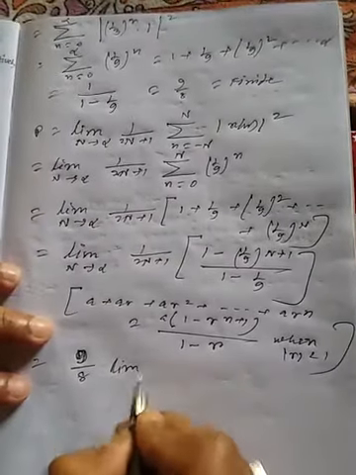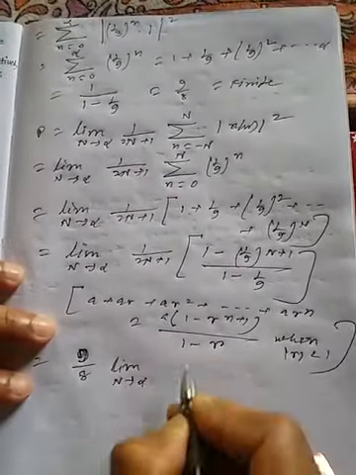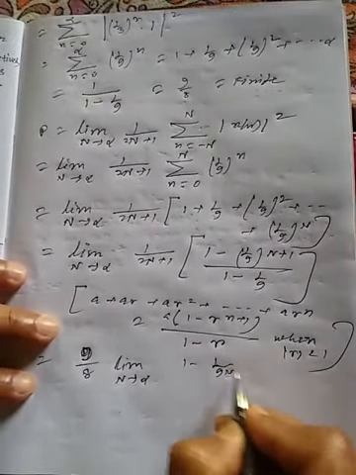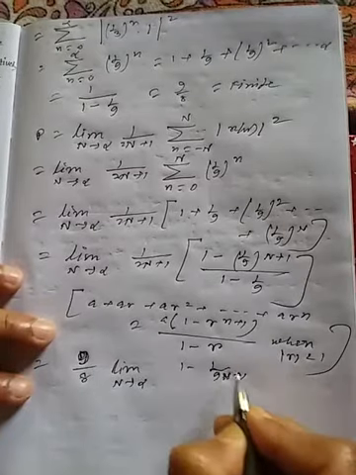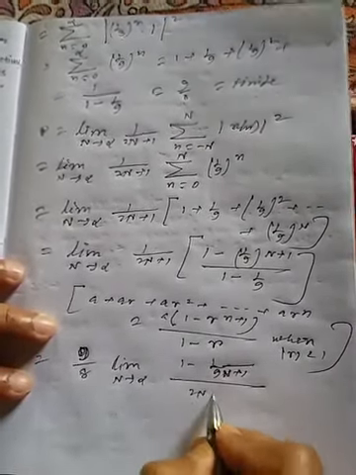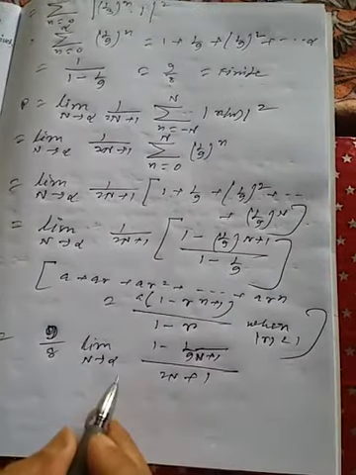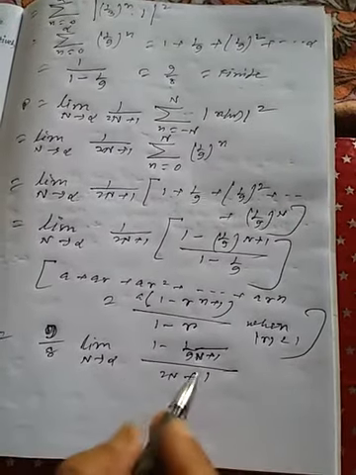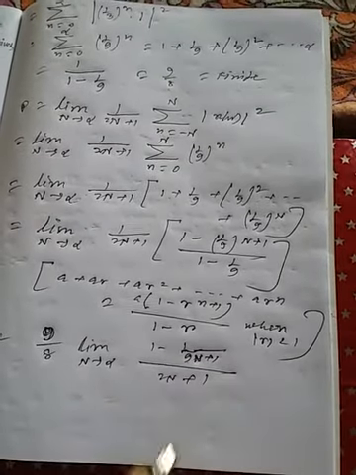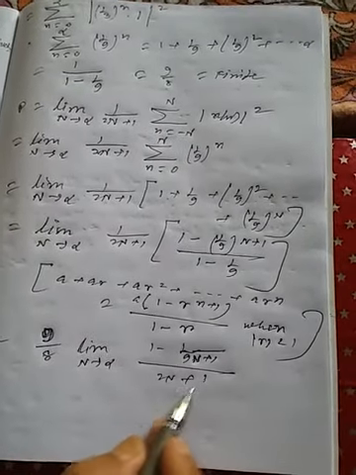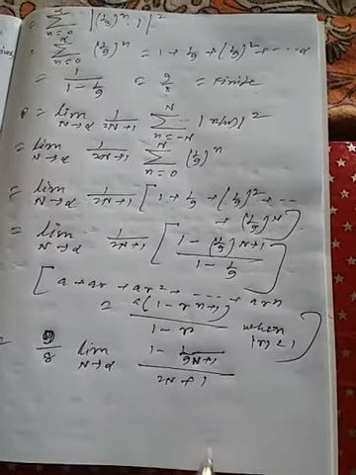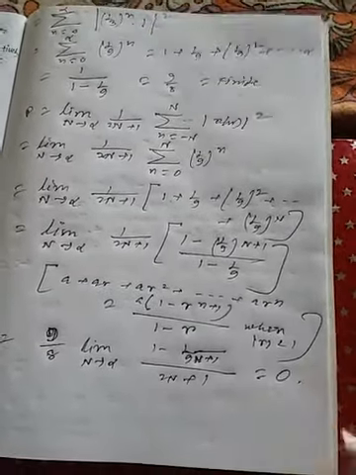Limit N tends to infinity of (1 minus (1/9)^(N+1)), divided by (2N plus 1). Now if you put limit N tends to infinity here, this portion will be 0 because 1 by infinity is 0, and here is also infinity, so 1 by infinity is also 0, so the result will be 0.